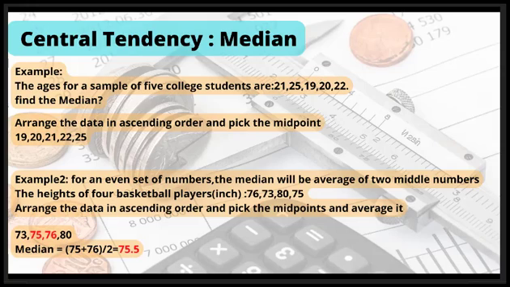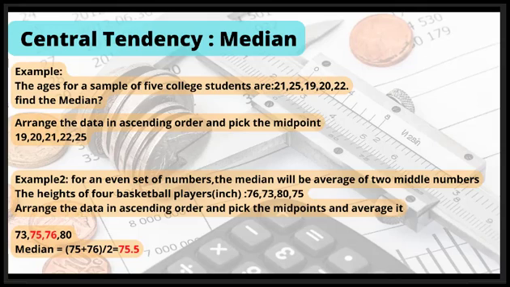So we arrange the data in ascending order. Now what is the midpoint here? Since there are only four, the midpoint will lie somewhere between 75 and 76. So we take the midpoint, which is nothing but a simple average of these two.